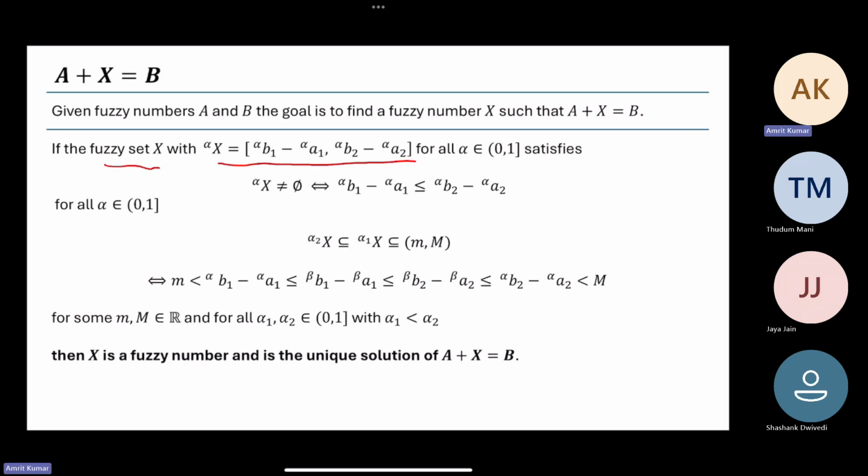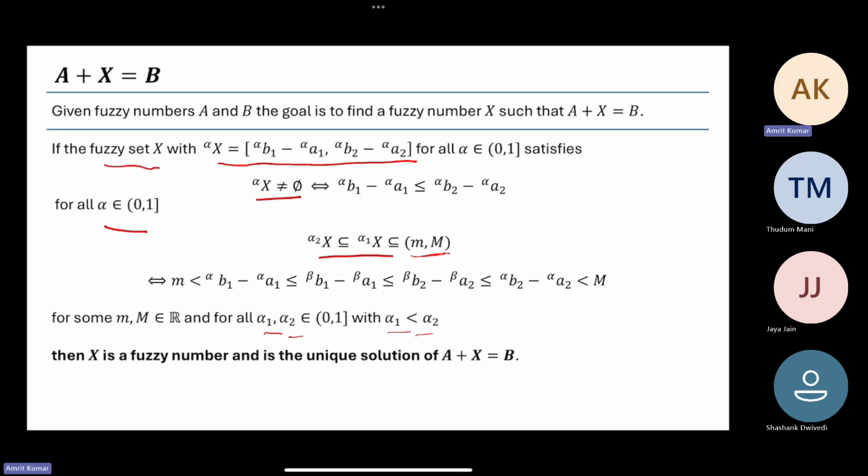with these particular alpha cuts obtained by subtracting the alpha cuts of B and A, such that for every alpha greater than 0, alpha cut of x is non-empty, and for every alpha 1 and alpha 2 with alpha 1 less than alpha 2, this holds. And furthermore, all these alpha cuts are bounded.